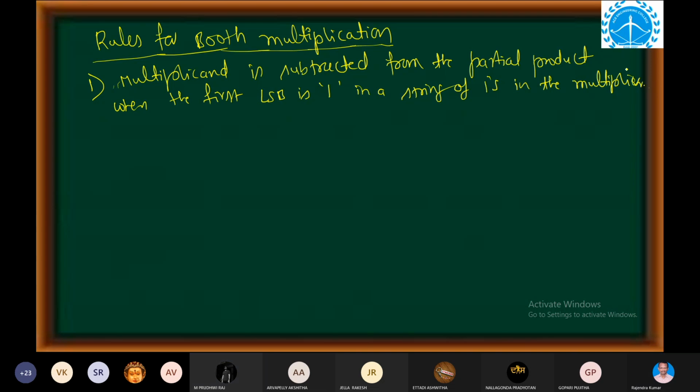So the multiplicand is subtracted from the partial product when the first LSB in a string of ones is 1.